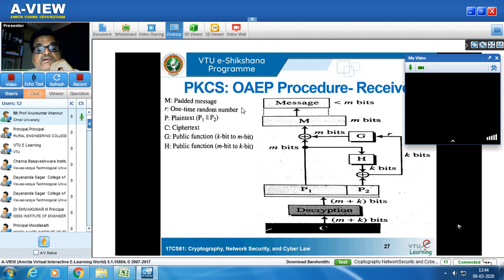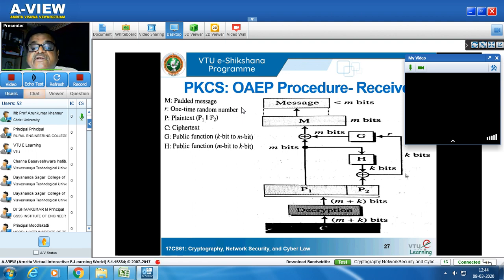Now in the decryption algorithm, the decryption key will be there, plus the ciphertext has been supplied as the input, and it knows the public key also. This decryption algorithm takes M plus K bits, which is a combination of P1 and P2.